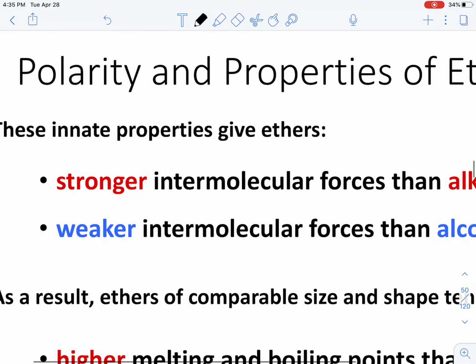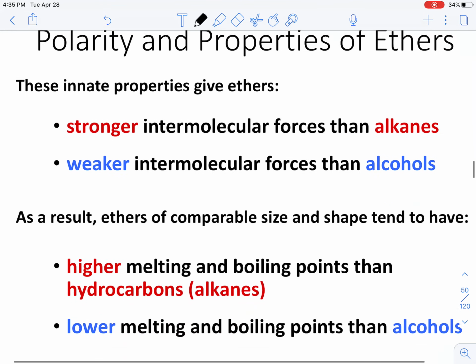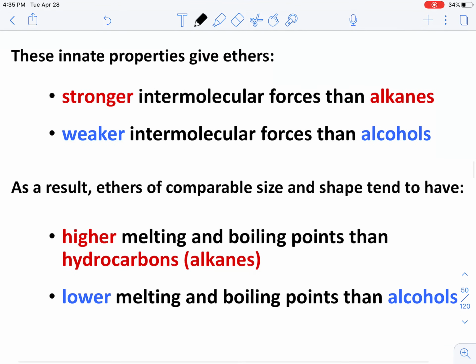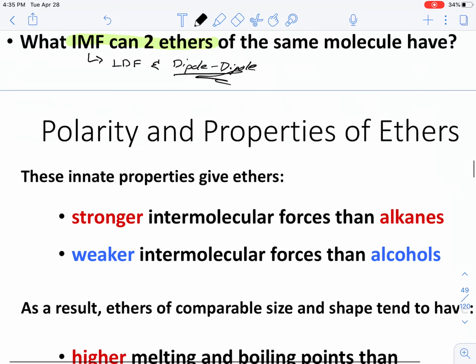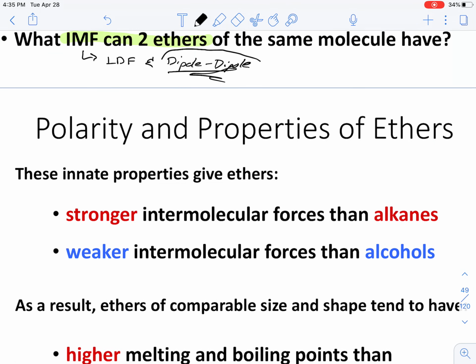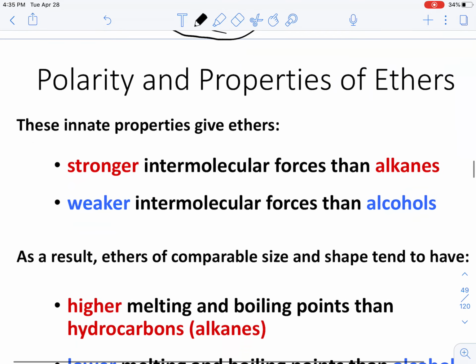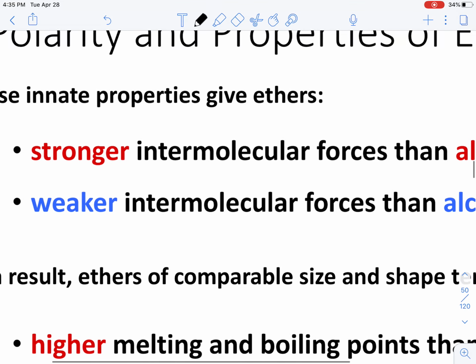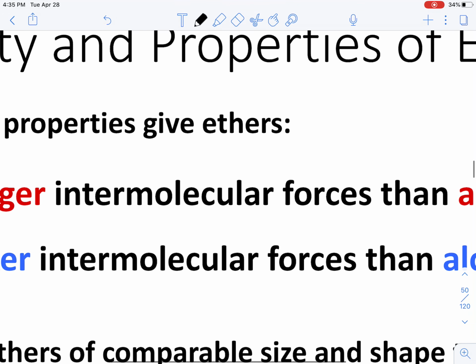And so what does that do with respect to alkanes and alcohols? Well, because ethers have a stronger intermolecular force than alkanes, so remember that dipole-dipoles, I'm just going to list it out here. So this ether, so we're talking about ether on ether action, right?